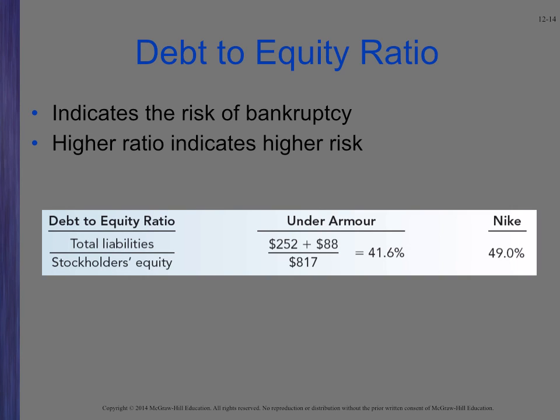This illustrates the risk-reward trade-off faced by shareholders. So we want the debt-equity ratio to be as low as possible. Sometimes a higher ratio indicates better returns, but this illustrates the risk-reward trade-off faced by shareholders.